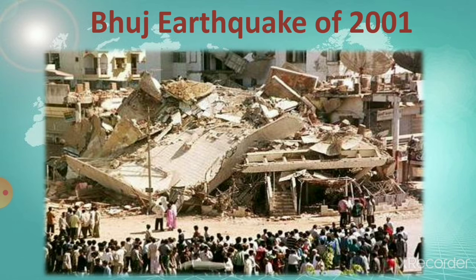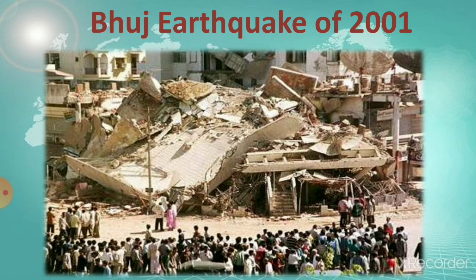About 50,000 people were killed and more than 5 lakh were adversely affected. Sea floor spreading of the Indian Ocean at the rate of 5 centimeters per year, the gradual northward movement of the Indian plate and the reactivated faults below the surface in the Kutch region are some of the reasons for the Bhuj earthquake, right?